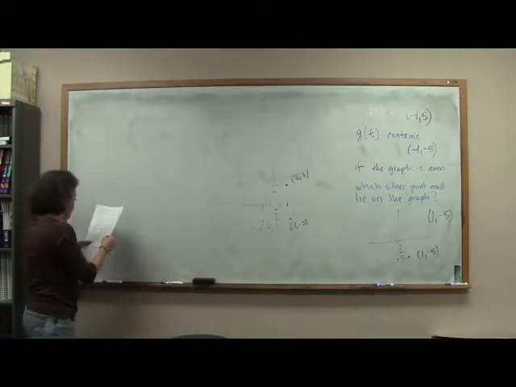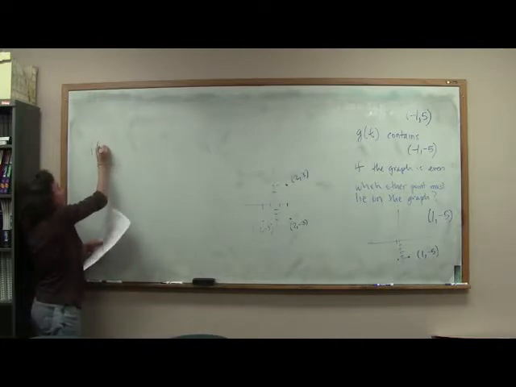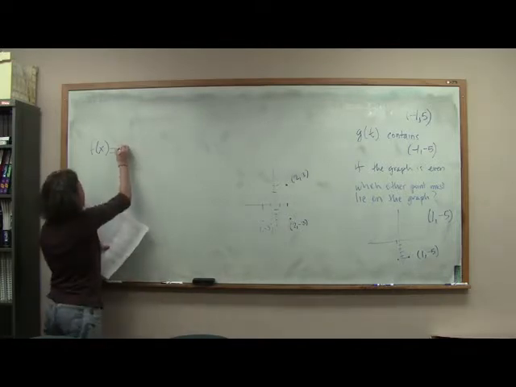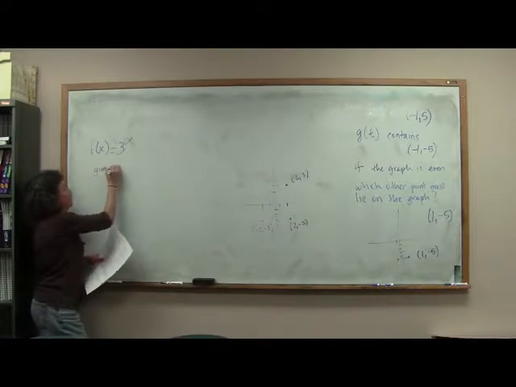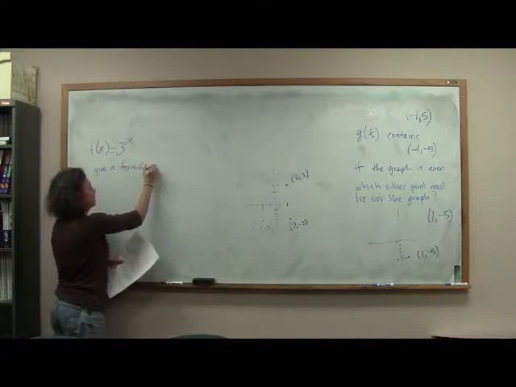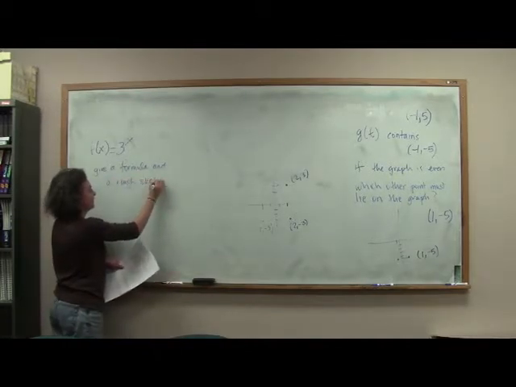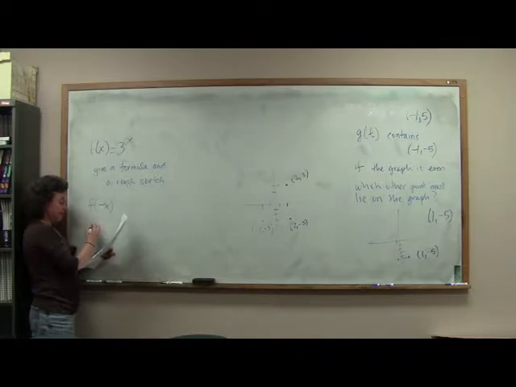Let's do this example. So what if I say that f of x is equal to, well, it really doesn't matter, 3 to the power of x. And what I want to do is give a formula and a rough sketch of the following. Let's compute f of -x. Let's do negative f of x.